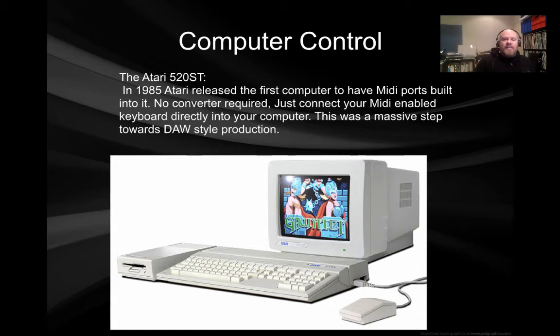It was the first computer to have MIDI ports built directly into it. So no converters required. You just connected your MIDI-enabled keyboard directly into your computer, and away you went. So this was a really massive step towards the type of production, DAW style production, that we use today.